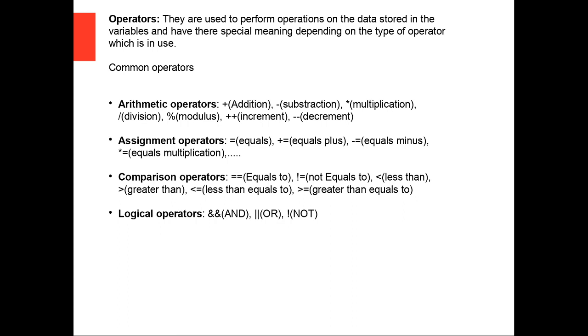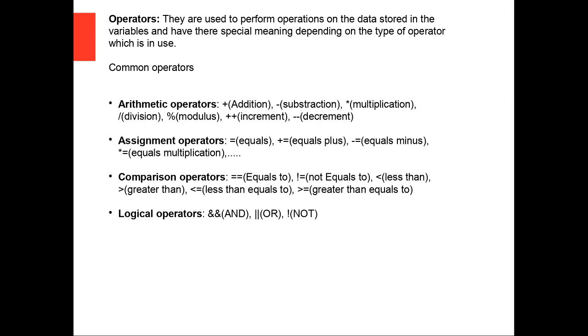Assignment operators, it can be used to assign values to your variables, and it can also be combined with arithmetic operators to perform assignment and arithmetic operations both at the same time. And comparison operator. Comparison operators are used for comparing two statements, comparing two variables. Logical operators. Logical operators are used mostly in conditional statements to check if a certain condition is satisfied or not.